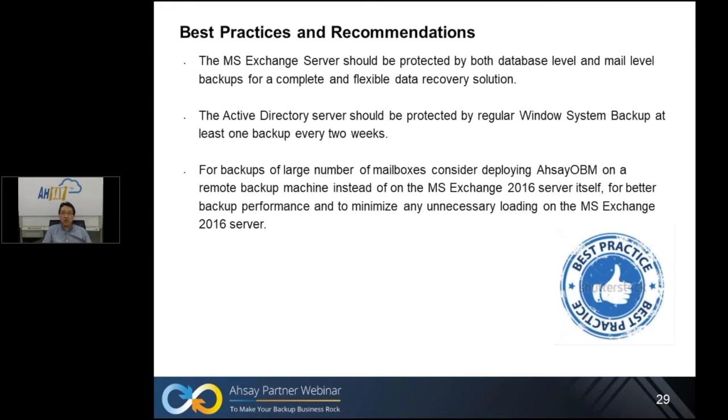For backup of a large number of mailboxes, consider deploying OBM on the remote backup machine instead of on the Exchange server itself, for better backup performance and to minimize any unnecessary loading on the Exchange server.